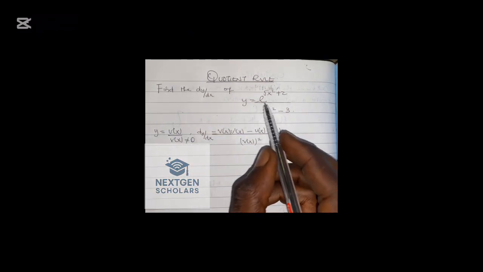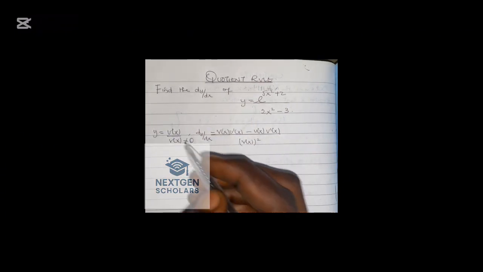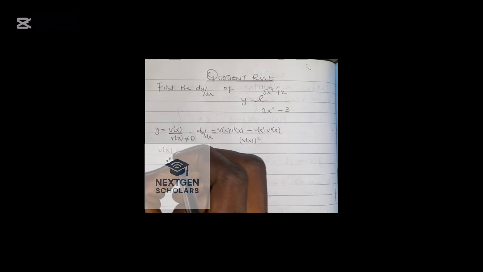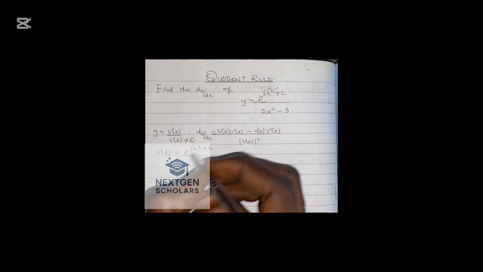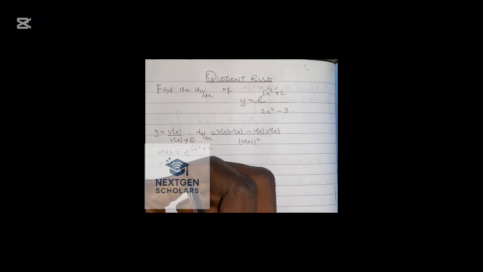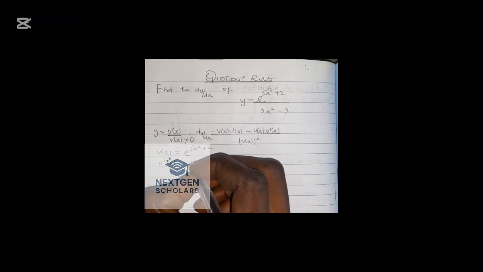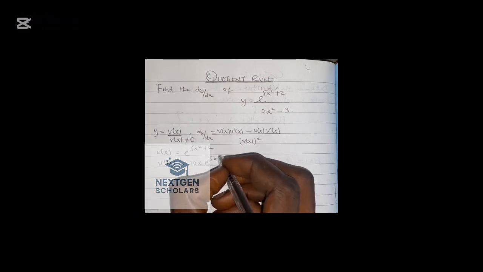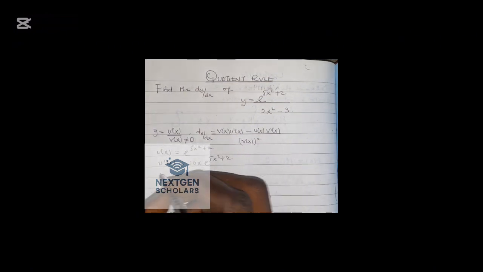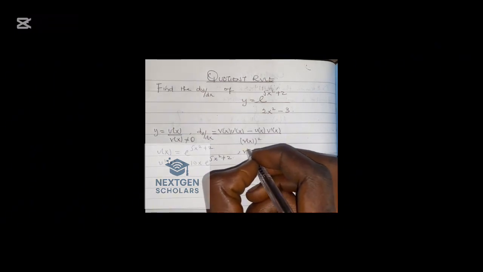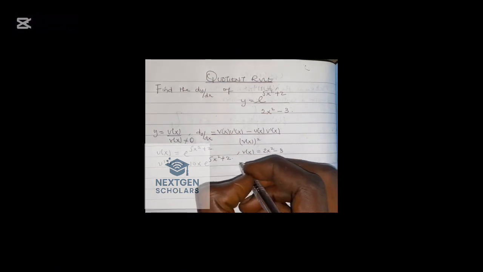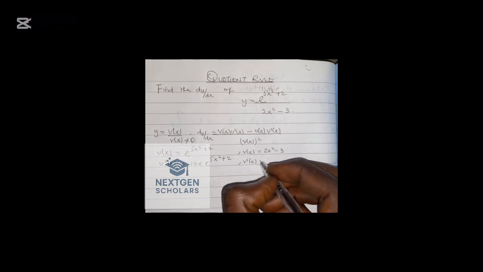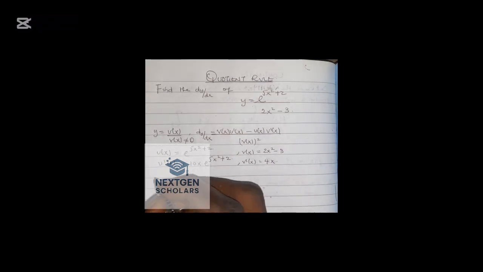From this equation, it is obvious that u of x is equal to e to the 5x squared plus 2, and u prime of x is equal to, we know the answer is 10x e to the 5x squared plus 2, and also v of x is equal to 2x squared minus 3, and also v prime of x is equal to 4x. So let us compute the quotient rule.